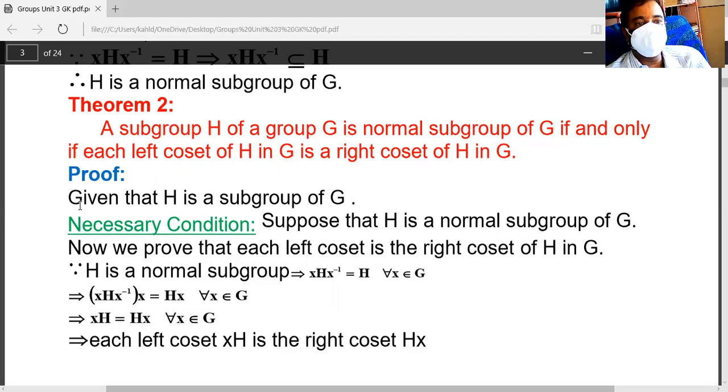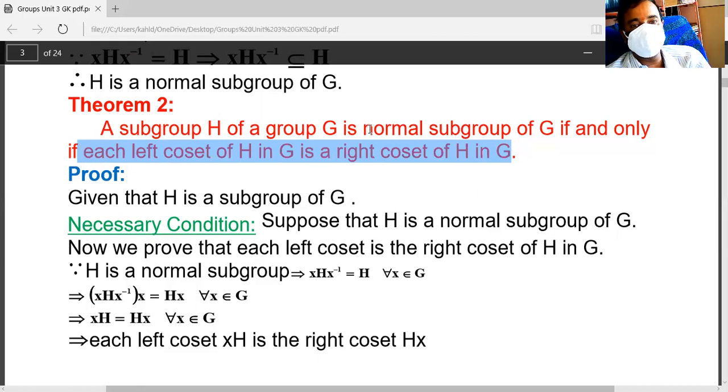So I am writing in the proof that given H is a subgroup of group G. What we want to prove? Necessary condition. For the necessary condition, we have to take the LHS part, that is H is a normal subgroup of G. Then we want to prove that the total condition, that is each left coset of H in G is a right coset of H in G. That means the left coset of H is equal to the right coset of H. Okay.